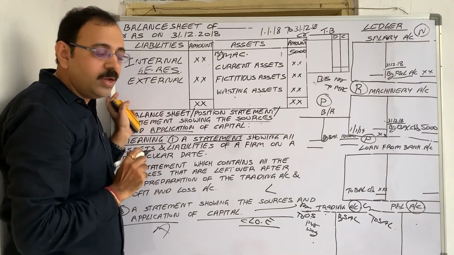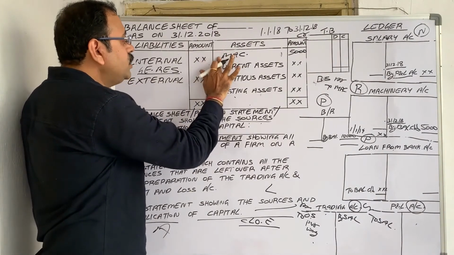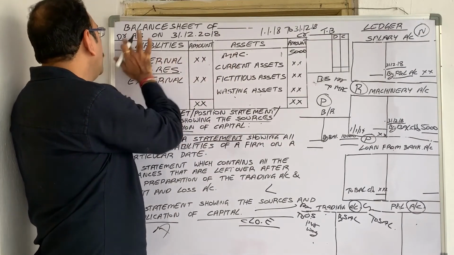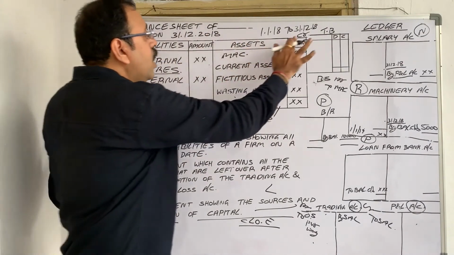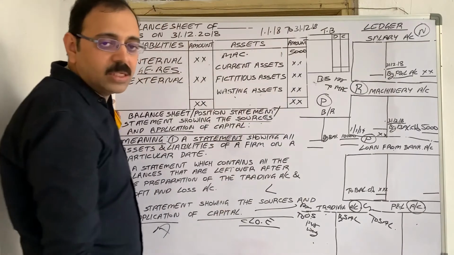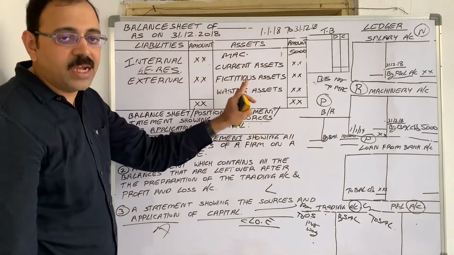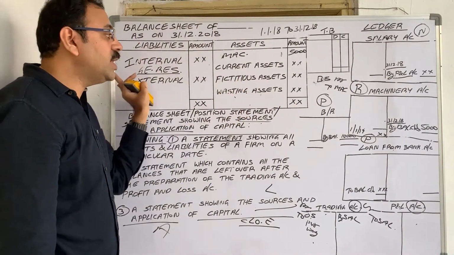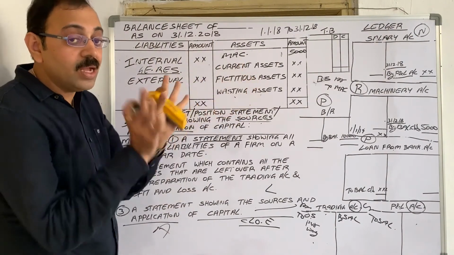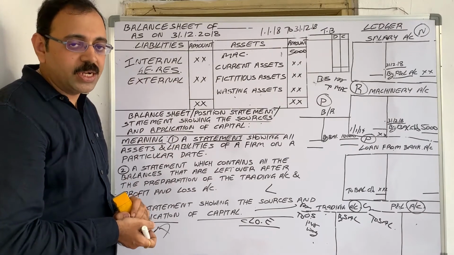But it is not correct. So, since the balance sheet is a statement, don't write DR, CR symbols. You should not call it the debit side and credit side. Liability side and asset side. These are the correct words for the balance sheet.